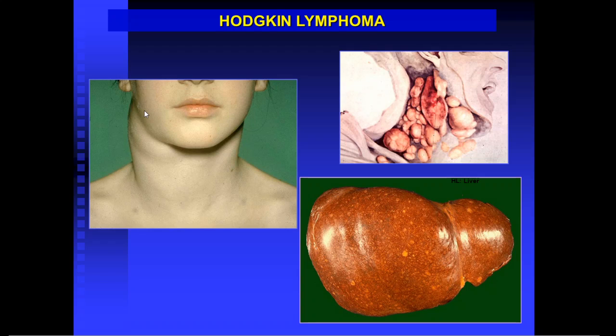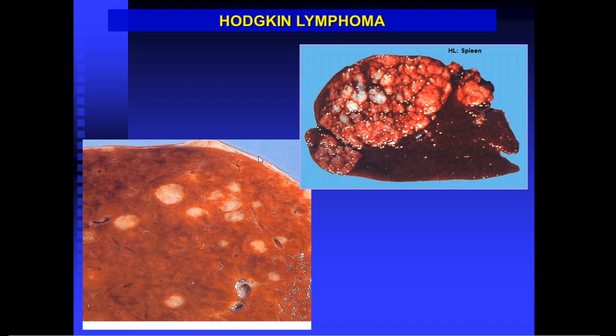The spleen, liver and other organs could also be affected. When the spleen is affected, we have a specific name, the so-called porphyry spleen, porphyry because of the color of the spleen.